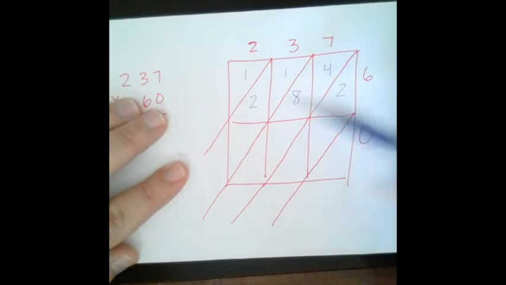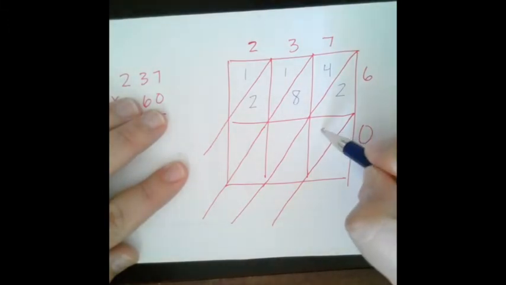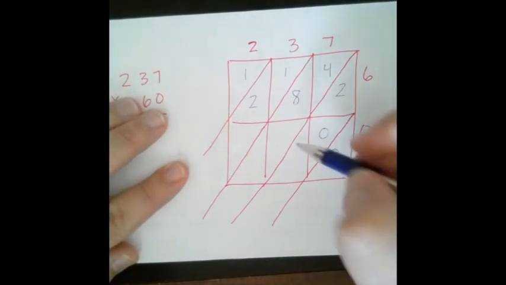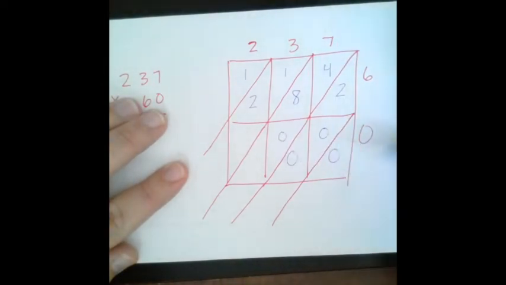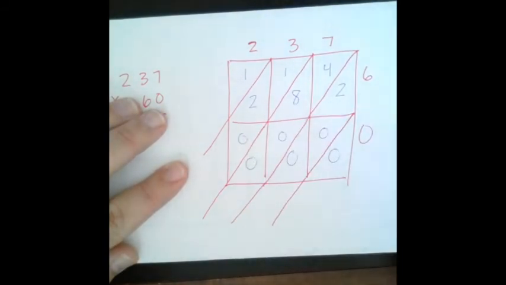With me so far? 7 times 0 is 0, so I'm going to just put zeros in both boxes. 3 times 0 is also 0, and 2 times 0 is also 0, so I'm putting zeros here.